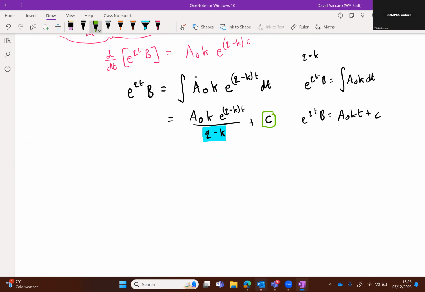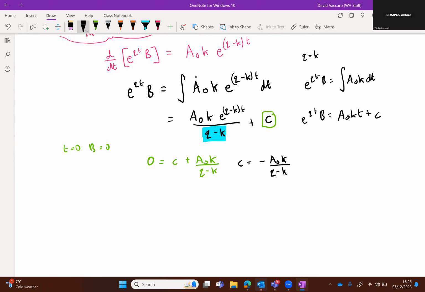So I can fit initial conditions that when t equals 0, b equals 0. So I want 0 to equal c plus a naught k over q minus k. So I just get c is negative a naught k over q minus k.